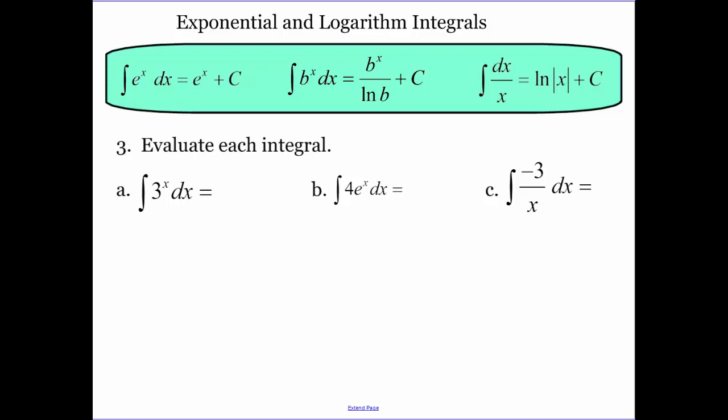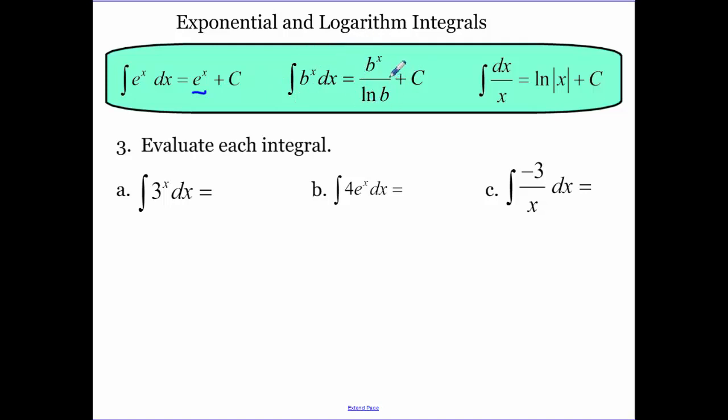Okay, exponential and logarithm integrals. Please make sure you write down these rules. The integral of e to the x. What function's derivative is e to the x? Well, that's e to the x. What function's derivative is b to the x? That's b to the x over ln of b.